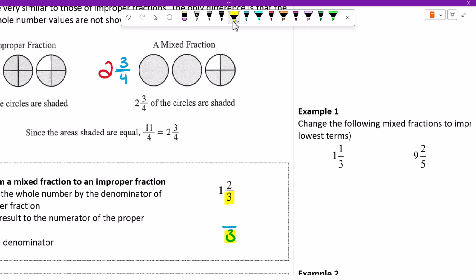Now to figure out what the top number is, because we want to get rid of this whole number, we multiply these together and add this. So we have 3 times 1 gives us 3, and plus 2 gives us 5. So this becomes 5 over 3.